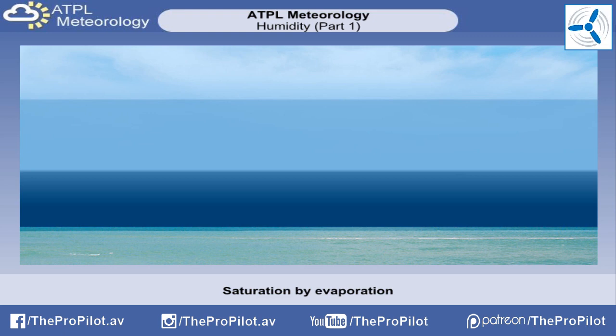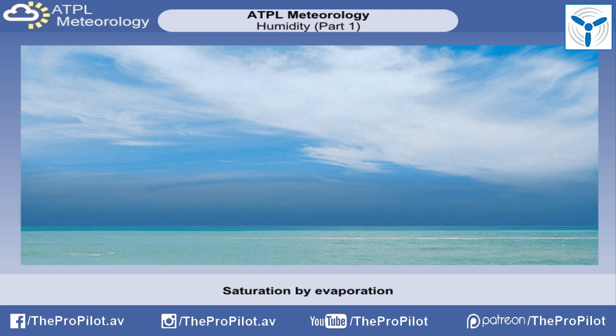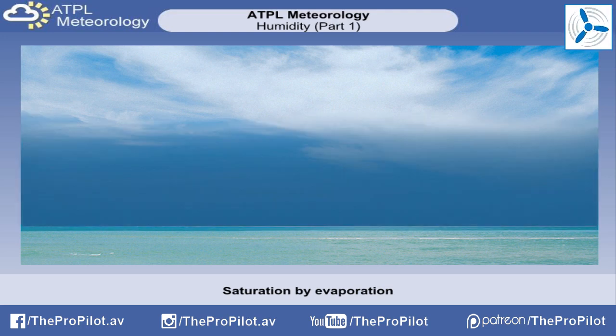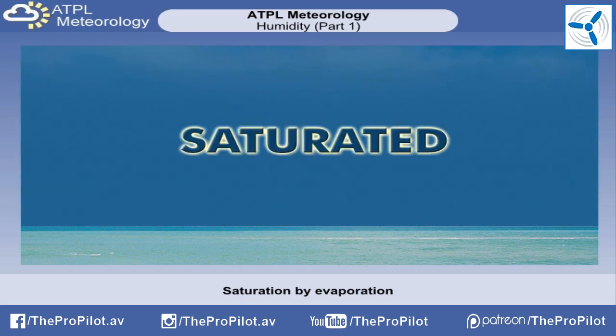When this is reached, evaporation will cease. The air above the water surface is said to be saturated. It can hold no more water vapour. To recap then, if we continually add water vapour to a parcel of air, it will eventually become full, or saturated.